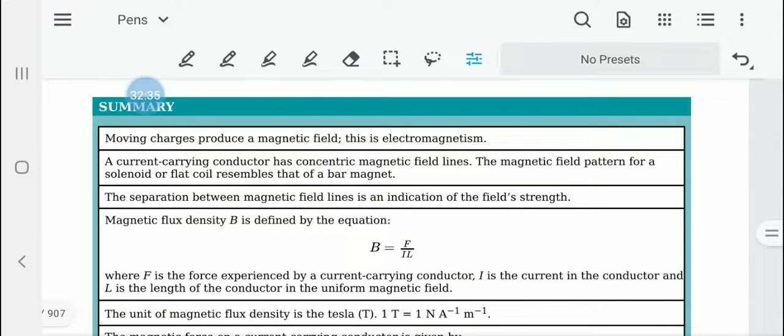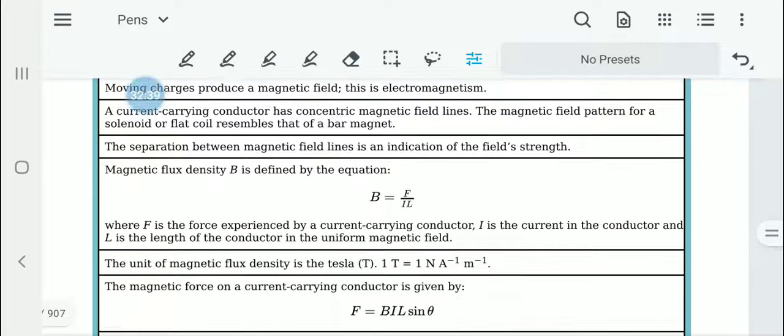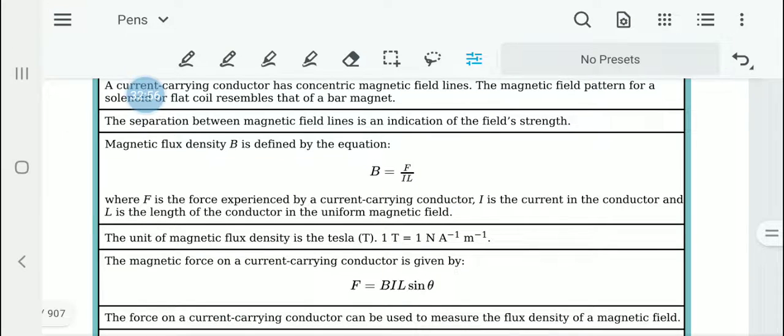Magnetic flux density B is defined by B equals F over IL, where F is the force experienced by the conductor, I is the current, and L is the length of the conductor in the magnetic field. Always remember, it is only the part in the magnetic field. The unit of magnetic flux density is the tesla. 1 T equals 1 newton per ampere per meter.